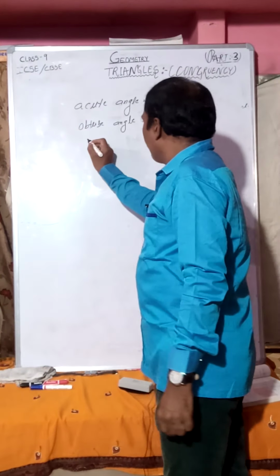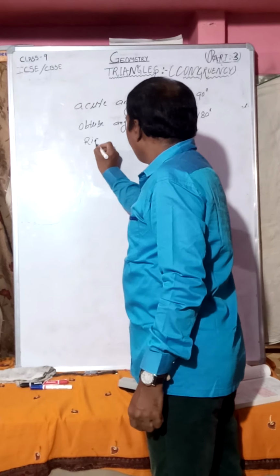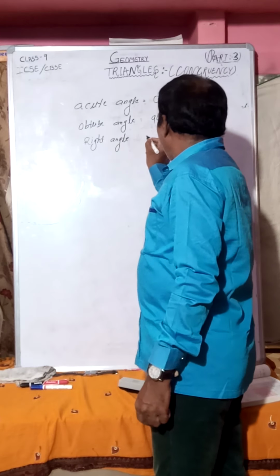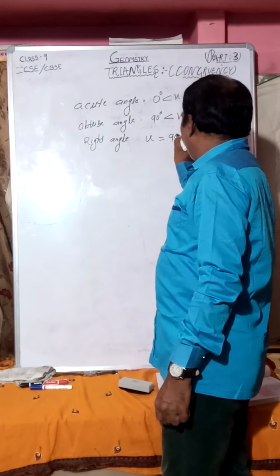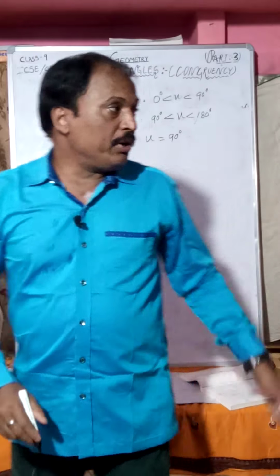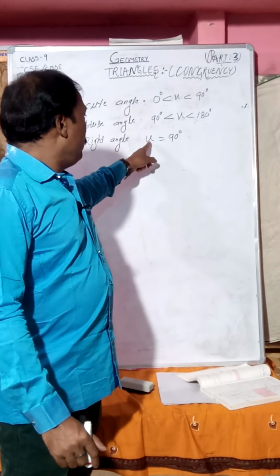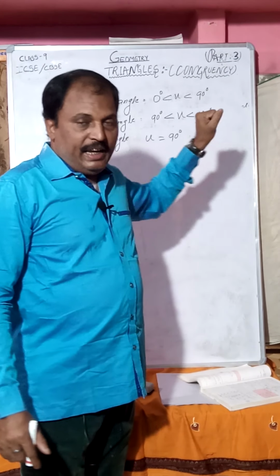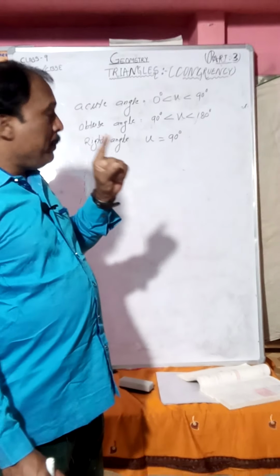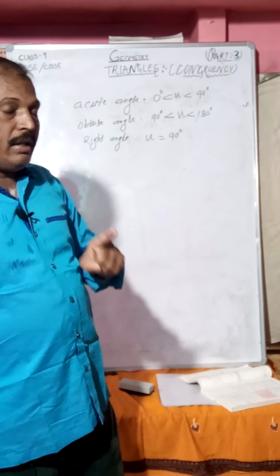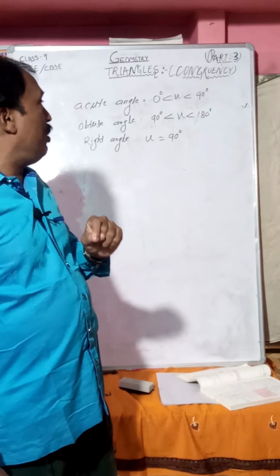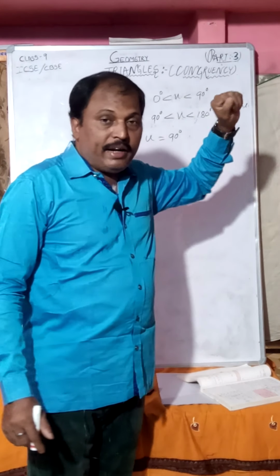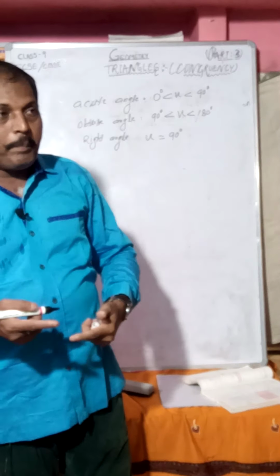Right angle: x equal to 90 degree. If the measurement of an angle is 90 degree, that is a right angle. If the measurement of the angle is greater than 0 degree and less than 90 degree, it is called acute angle, and greater than 90 degree and less than 180 degree is obtuse angle.